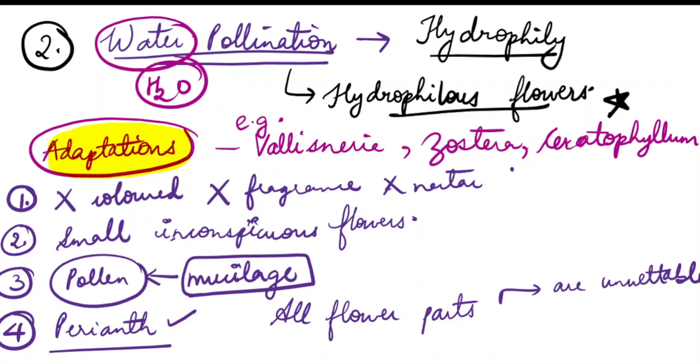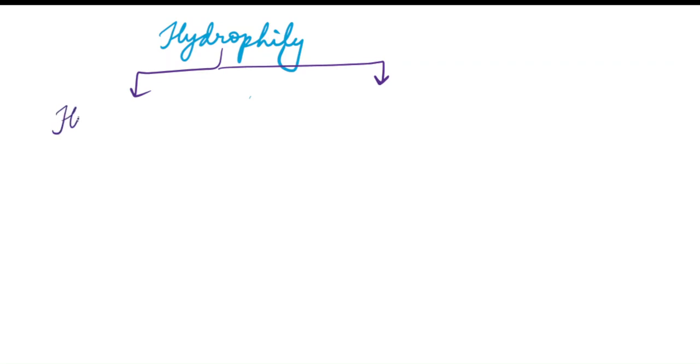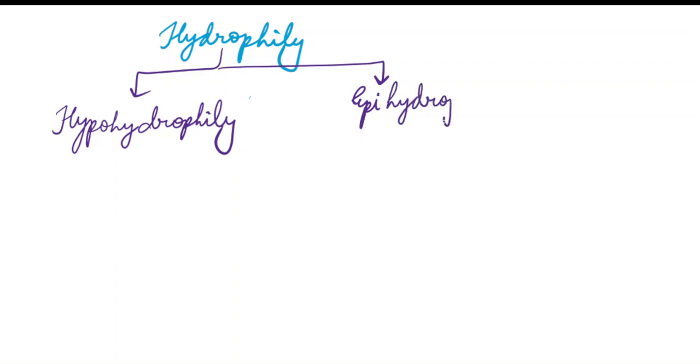Now the types of hydrophily. There are two types: one is hypohydrophily and the second is epihydrophily. Hypohydrophily means that the pollination occurs below the surface of water.